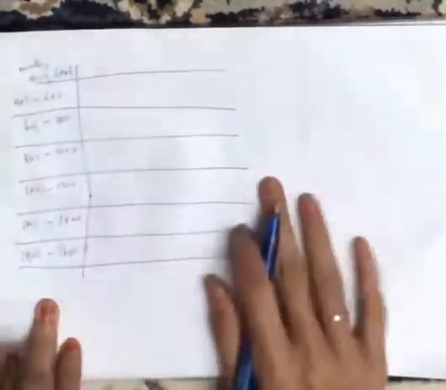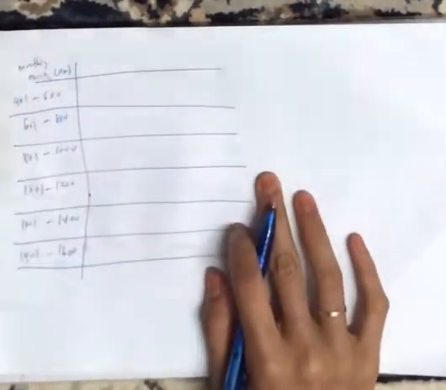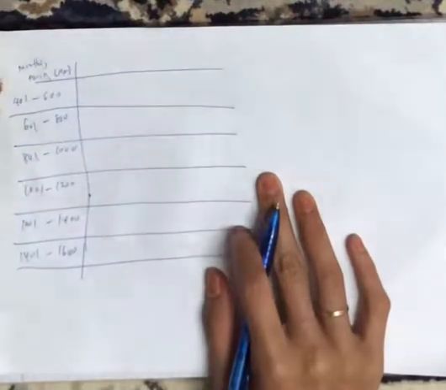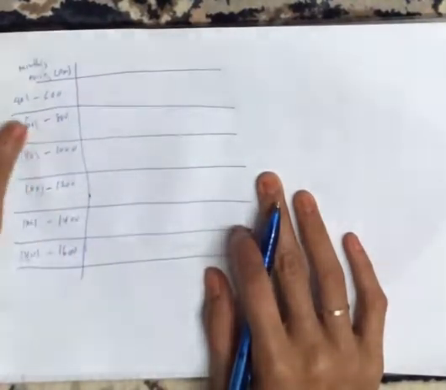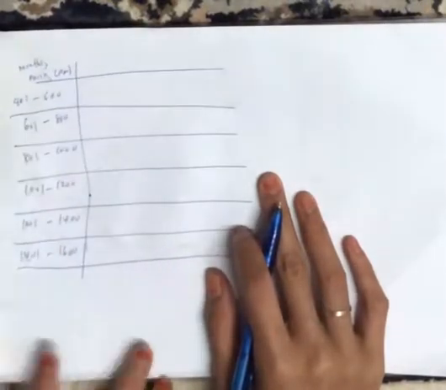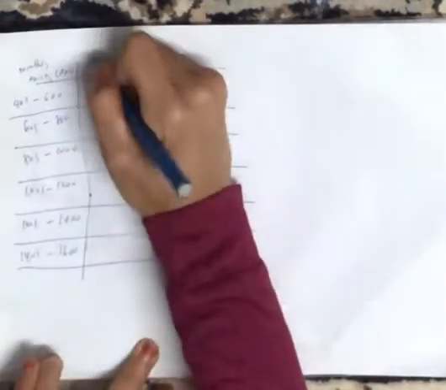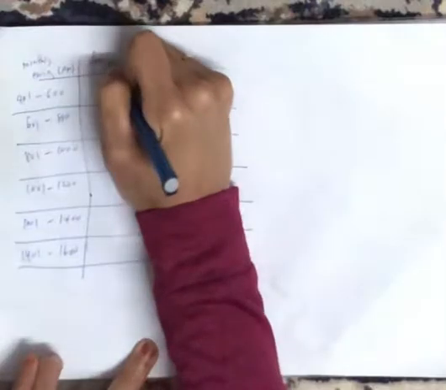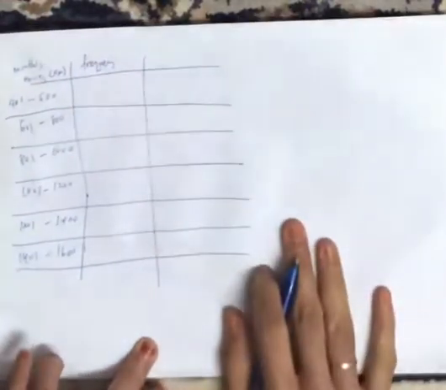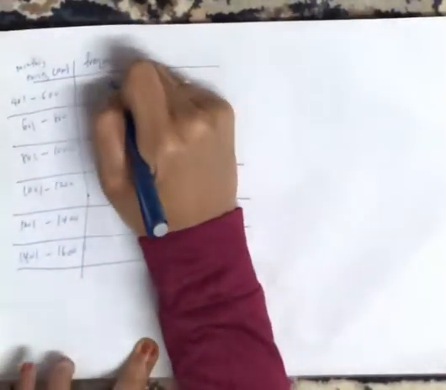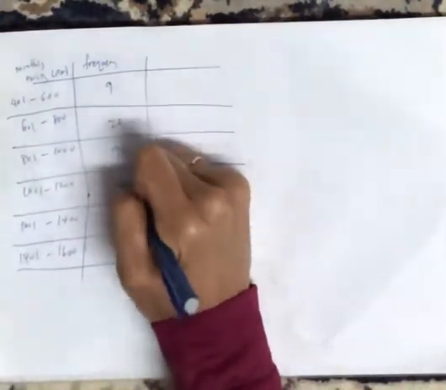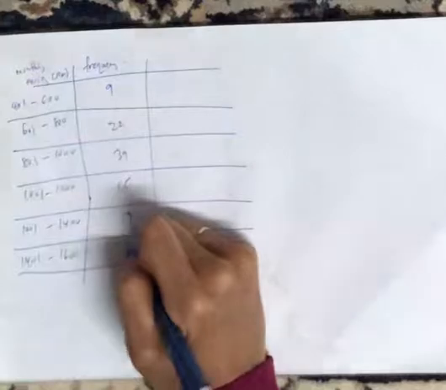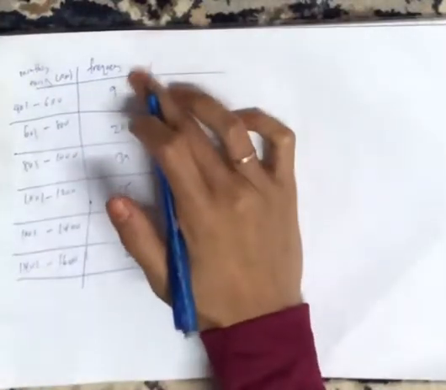Clearly, your data here is quantitative, so it's numbers. Then we have a frequency. Let's say they have 2, 3, 9, 15, 9 and 6. What does this frequency mean?